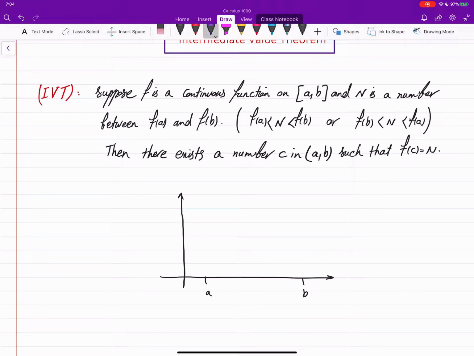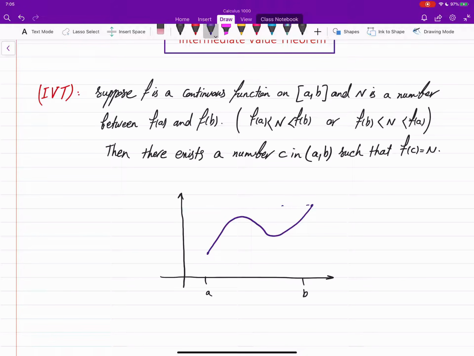Being continuous on closed interval means that if I start from one end of this graph, I can move from one end to the other one without any need of taking off the pencil from the paper. I can do it at once. Then it says this is being continuous.